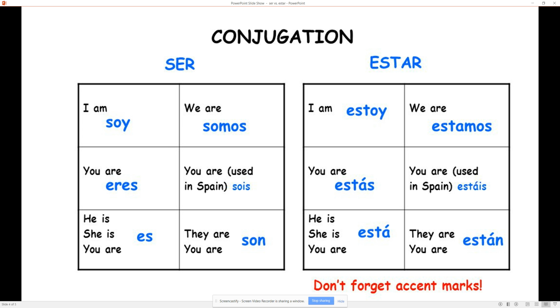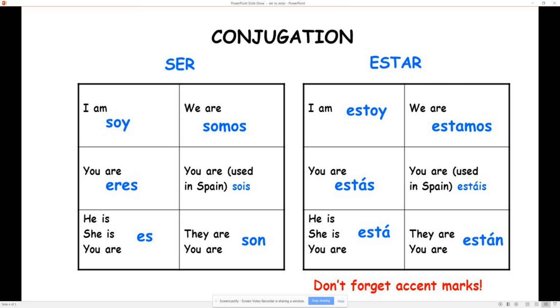Next, we are, we're going to use nosotros somos. And note how mos ends it, just like we almost would a regular verb. You can skip vosotros. You do not need to study it because it's always complicated and it's only used in Spain.